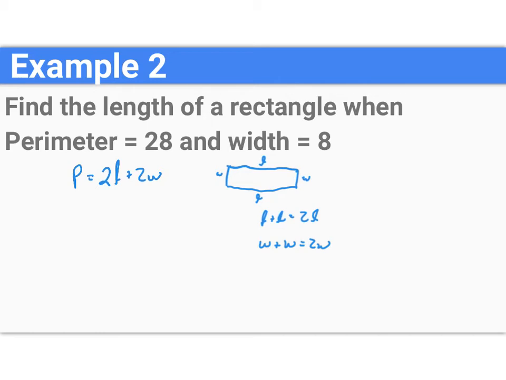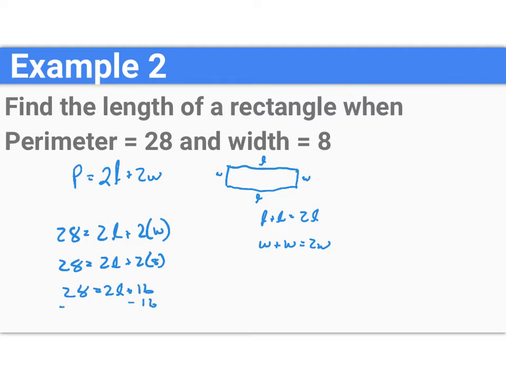So we have the perimeter is 28 equals 2L plus 2W. So now we substitute: equals 2L plus 2 times 8. 28 equals 2L plus 16.